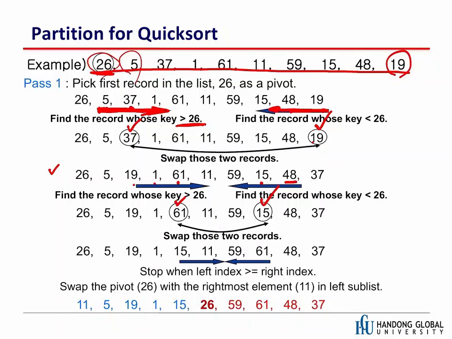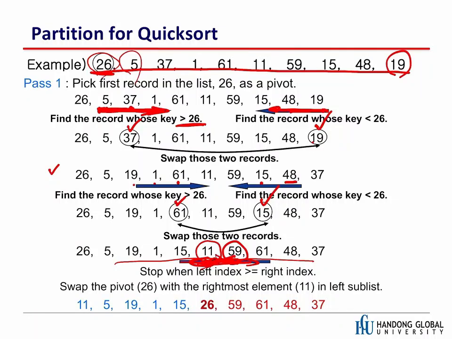Okay, then now we check 11, which is smaller than 26. Okay, 59, larger than 26. And then now we pass, right? So this index is larger than this index, then we don't do anything. So this one is the last element in this direction, and 59 is the last element in that direction.